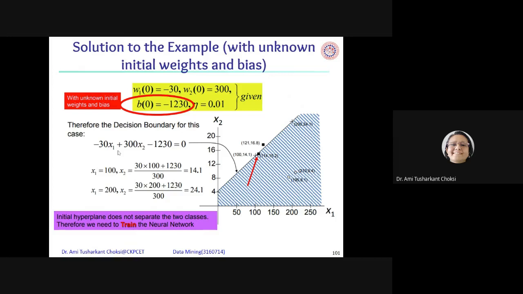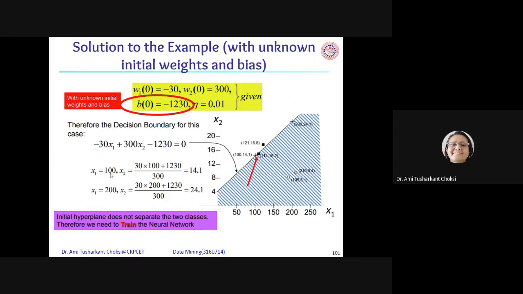-30 x1, W1 x1, right? Minus 30 x1 plus 300 x2 minus 1230 bias, right? That is equal to 0. Okay. Now, if x1 is equal to 100, the way we have taken for the previous case, same thing we are taking here, that x1 is equal to 100 and x2 is equal to 200, and find the value of x2.